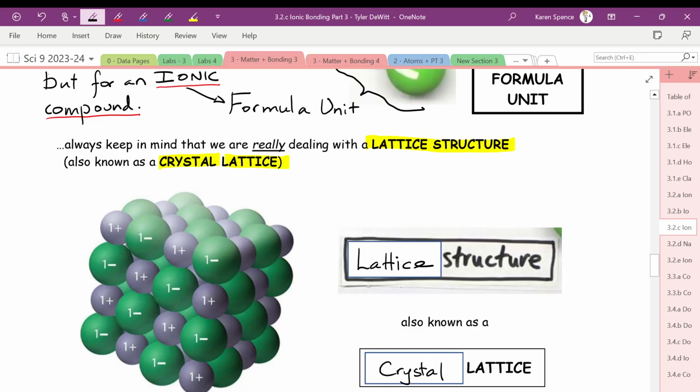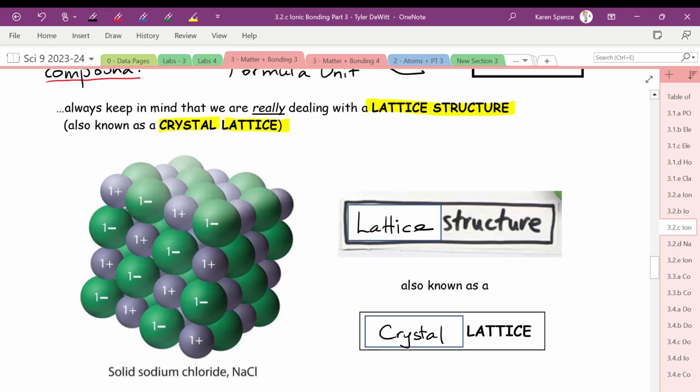And if you've ever looked at some salt, it definitely looks like crystals, yeah? So that's why it's called a crystal lattice. And here is some solid sodium chloride. You can see the alternating positive and negative.